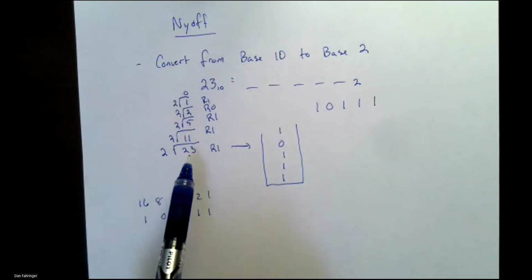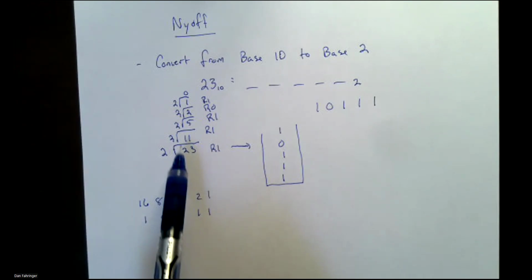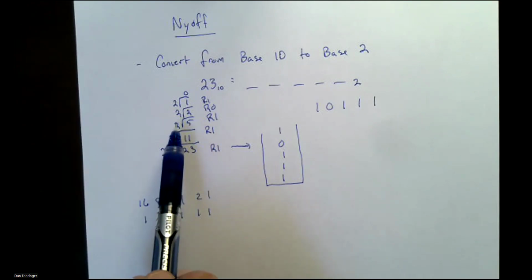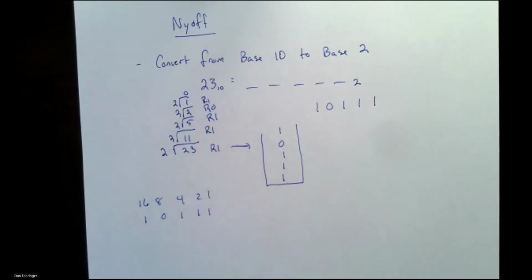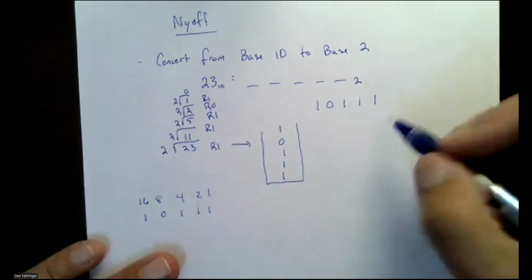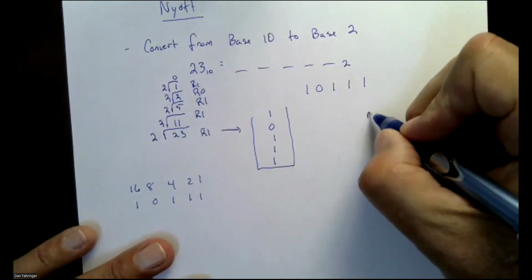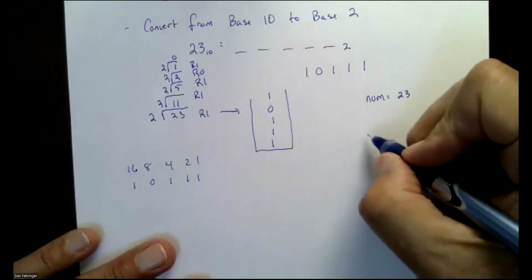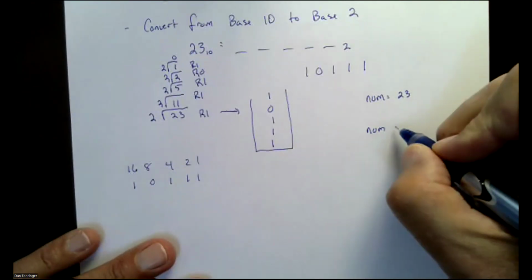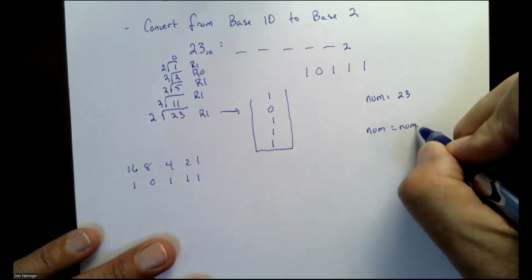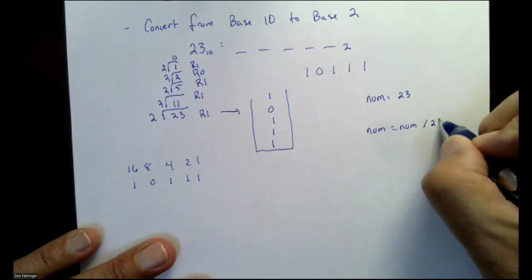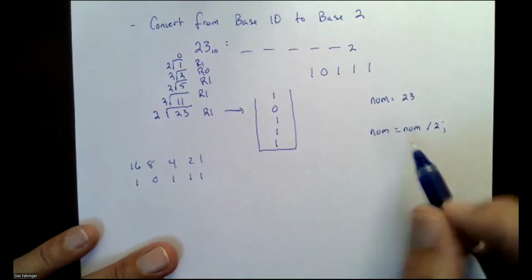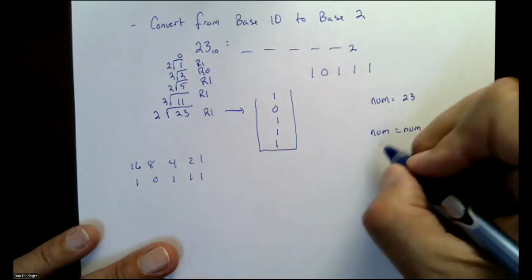So I've done division and modulus, division and modulus, division and modulus. I did something like I have a number, it's 23. I said number equals number divided by 2, which now makes this that 11.